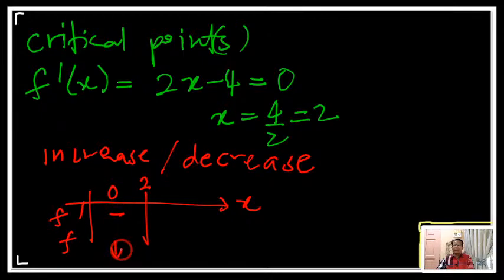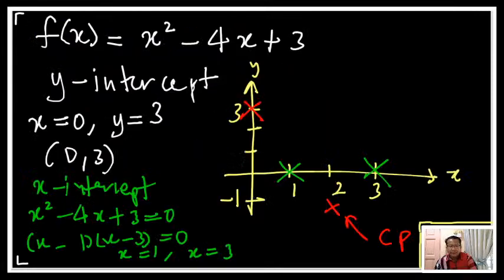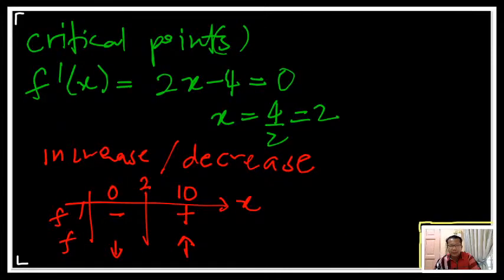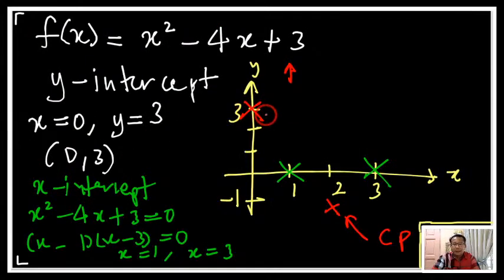So f decreasing. Greater than 2, for example 10, substitute into here, 2 times 10, 20, 20 minus 4, positive. You only care about the sign. So this one is increasing. So looking back at the graph, at this point 2, before 2 the graph is decreasing, and after 2, the graph is increasing.